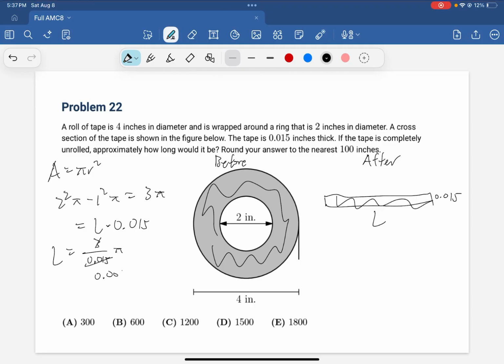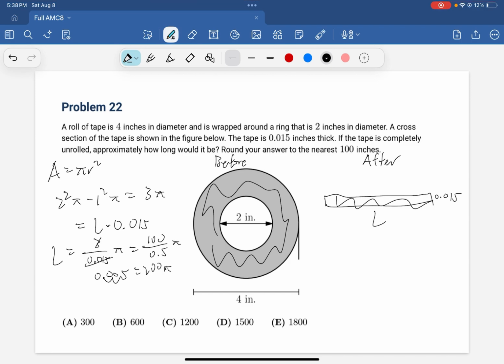This becomes 0.005. And we can move the decimal point 2 places to get 100 pi over 0.5. This is going to be equal to 200 pi.